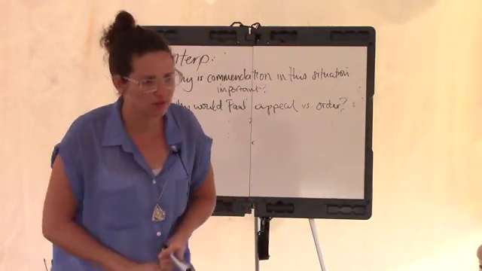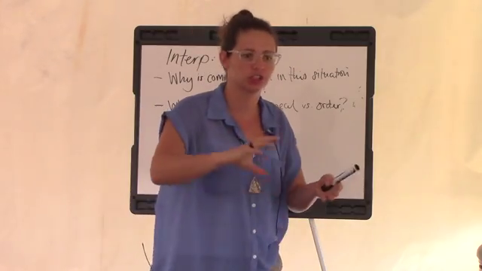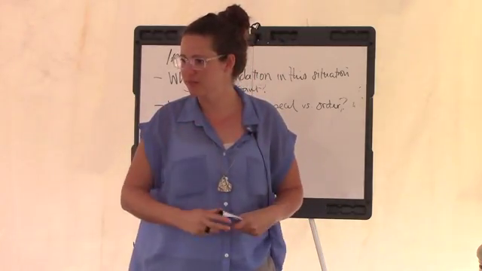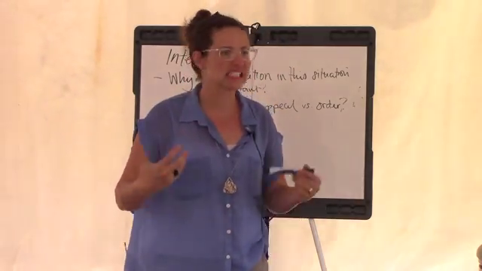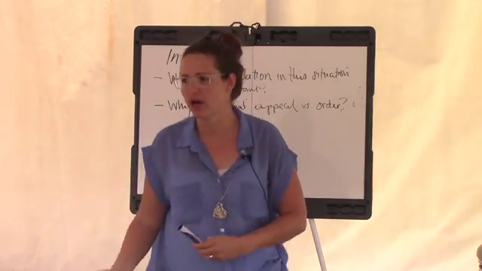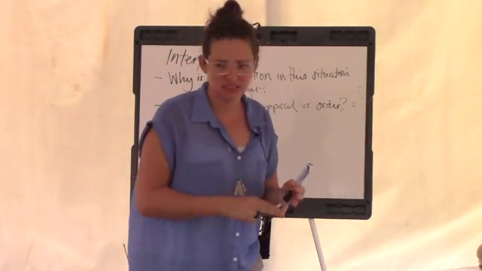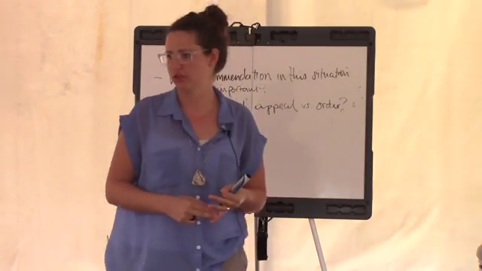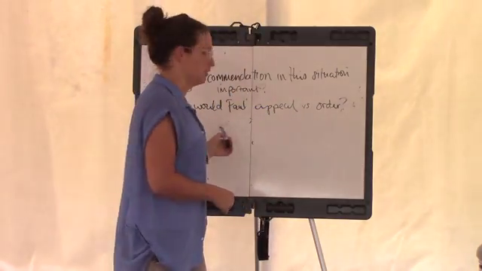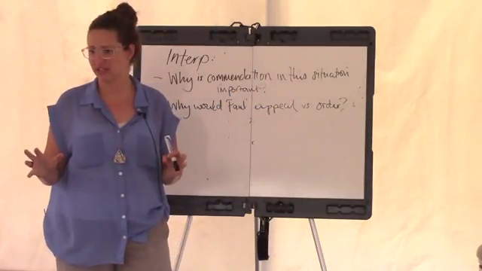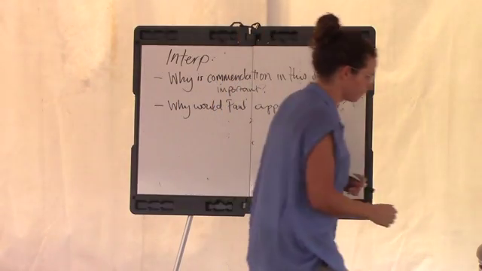Why is that significant to Onesimus? Why is it significant to the church? So I'm bringing all these people in, asking the significance question and making sure that I'm relating it to the stuff that we know about the church. Is that clear? Okay.